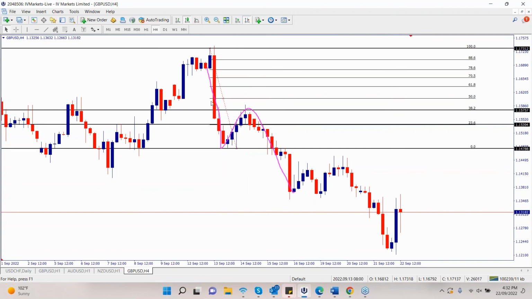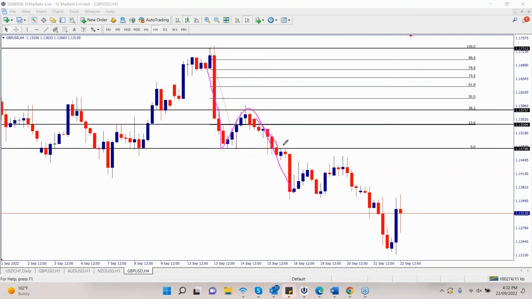So for example, if we are going for the bearish momentum here, we have to put our target first here and our stop loss above this 38% level, or, to minimize your risk, you can use your stop loss above the most recent bearish closed candle here.